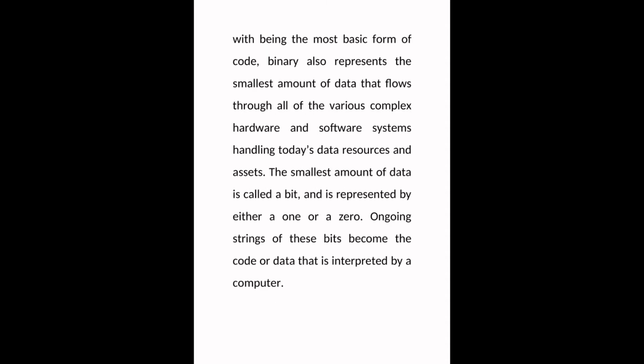Along with being the most basic form of code, binary also represents the smallest amount of data that flows through all of the various complex hardware and software systems handling today's data, resources and assets. The most basic form of code is zeros and ones.